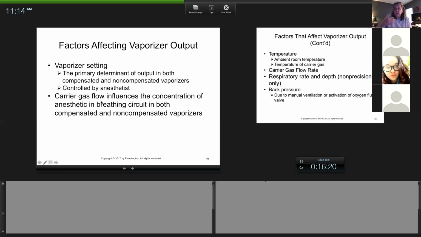So if I go from a 1 liter flow to a 2 liter flow, I can increase the concentration that's in the system. Now there are times you do have to turn the patient up when they get light or they're moving. I do, but there's times where my patient's just a little light and I'll maybe do a little bit of an increase in just the flow rate, and that's the only thing that I adjust.